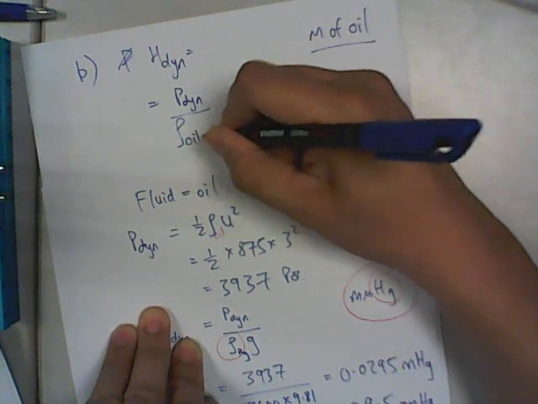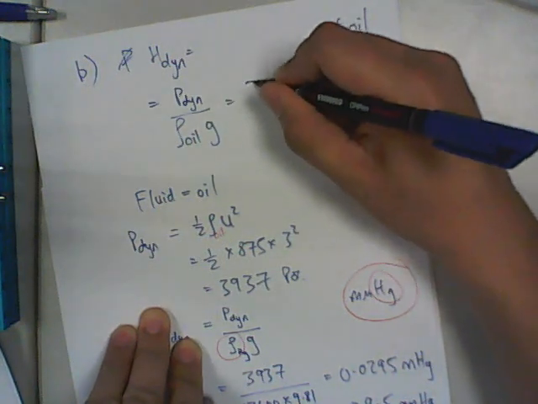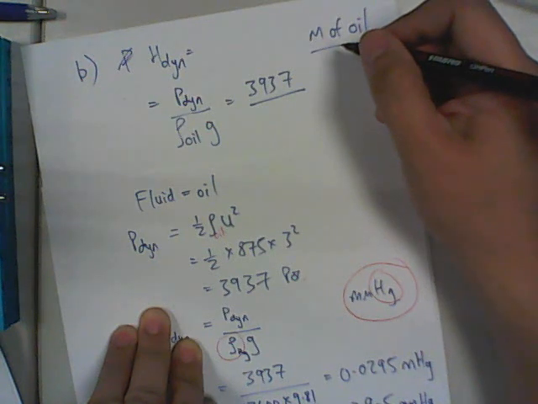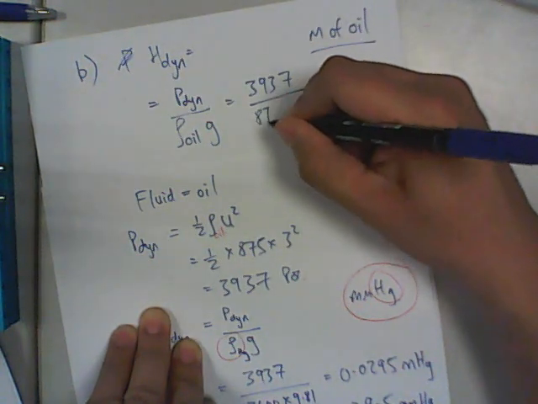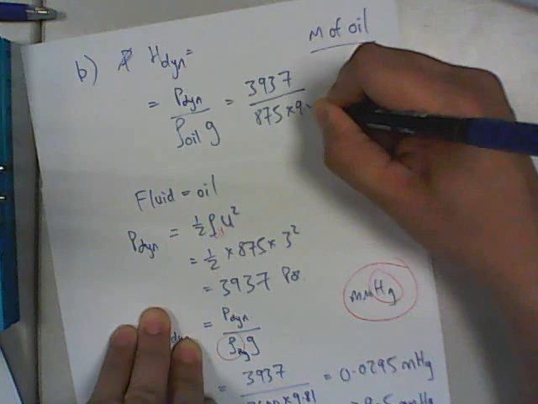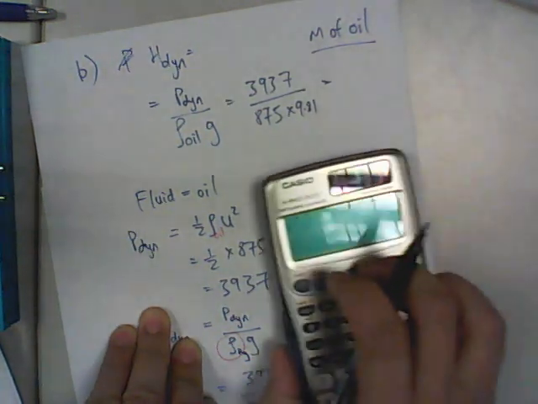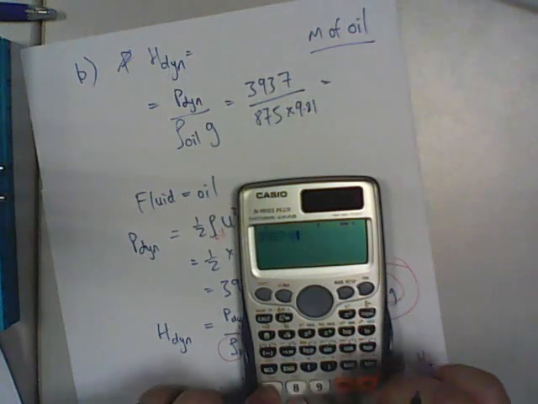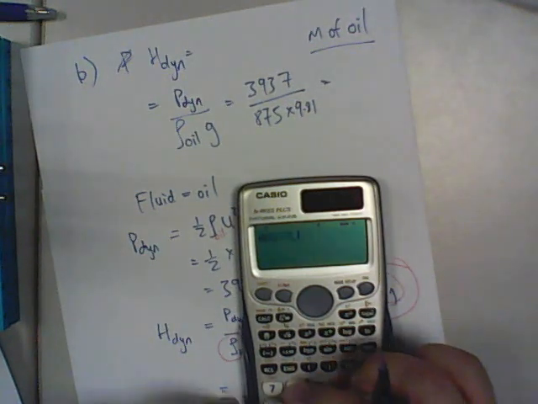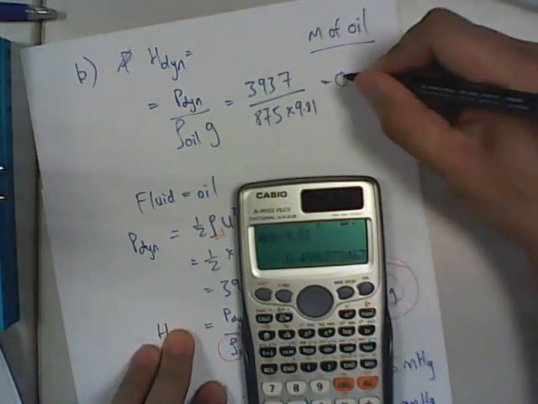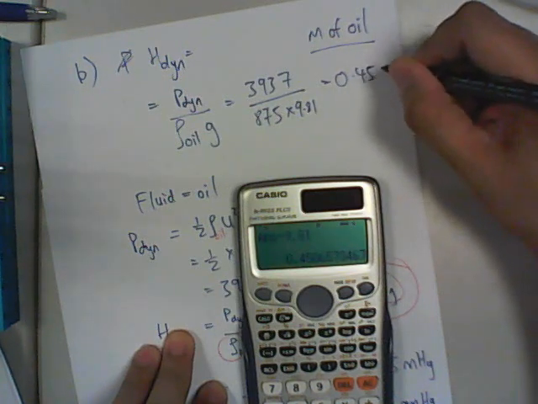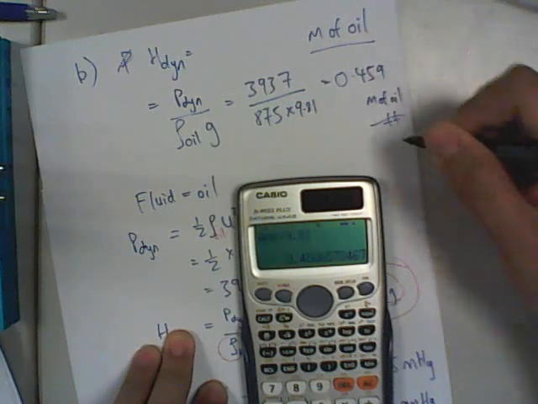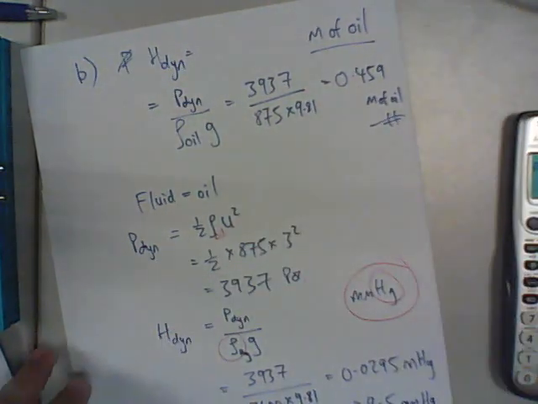This time you divide by the density of oil. 3937, the oil is given as 875, 9.81. So 3937 divided by 875 times 9.81 will be 0.459 meters of oil. That's your answer.